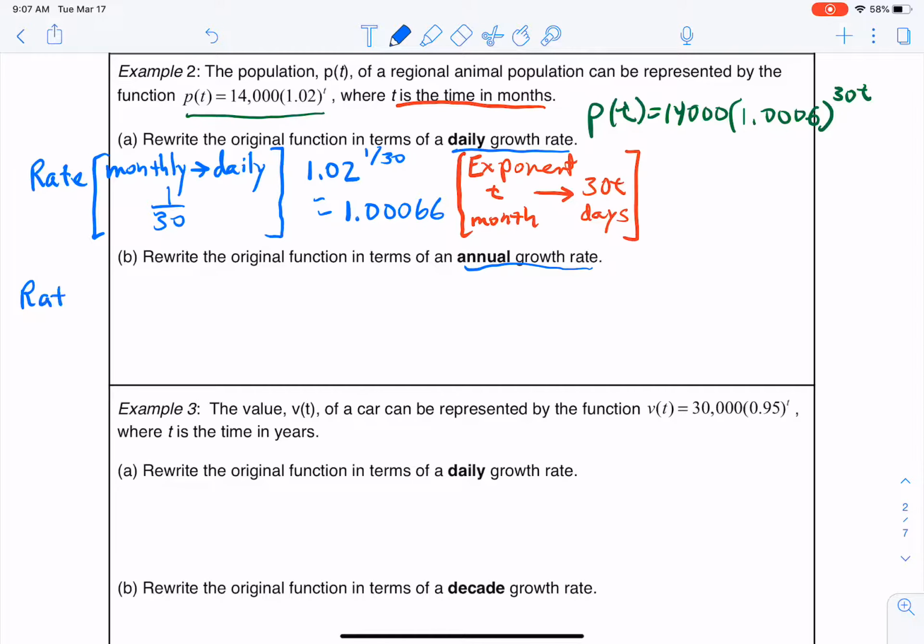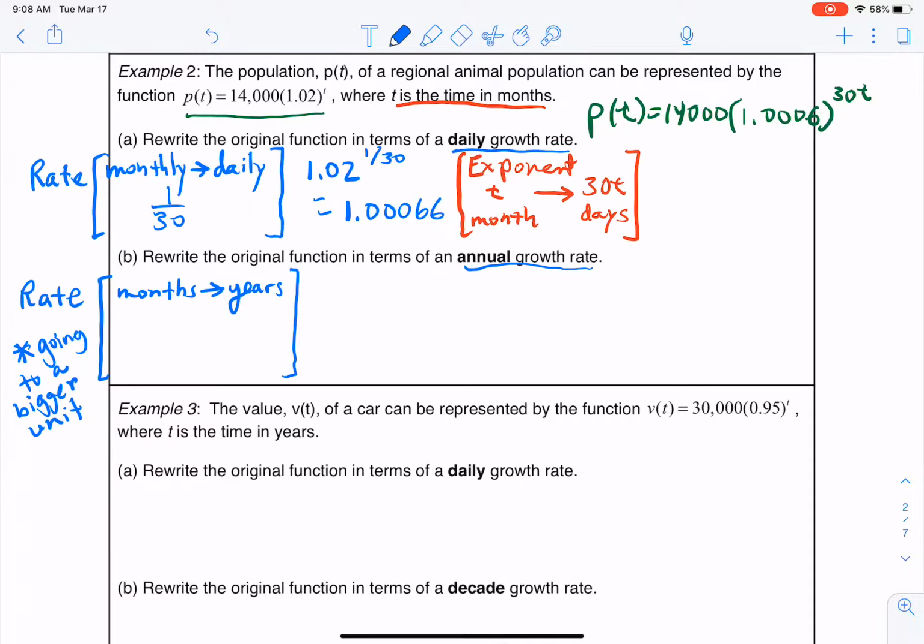So we have our rate, and our rate here now, we are going from months to years. So here we're actually getting bigger, or we're going to a bigger unit. So it's really going to be the opposite of what we've seen before.